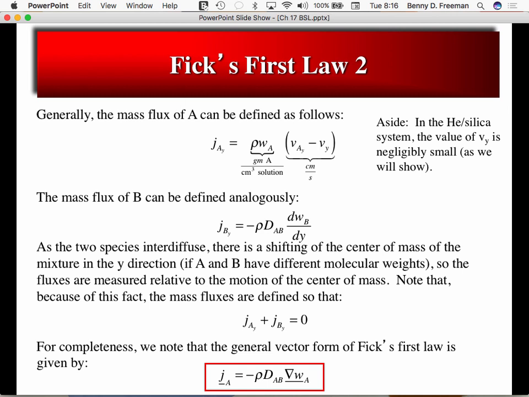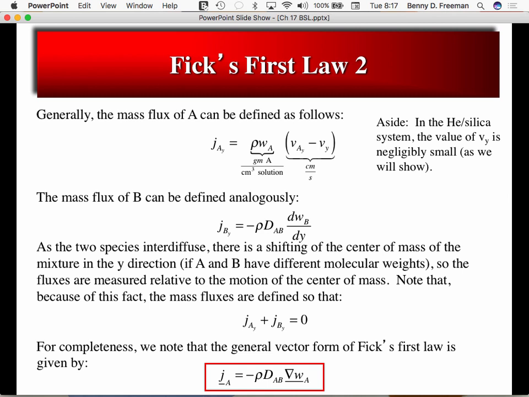if you think back to the water and dye flowing through a pipe, the diffusive flux is measuring the relative flux of one component to another. And so if the dye is moving forward relative to the frame of reference of the fluid moving down the pipe, then that necessarily means that the water in that same diffusive frame is moving backwards.